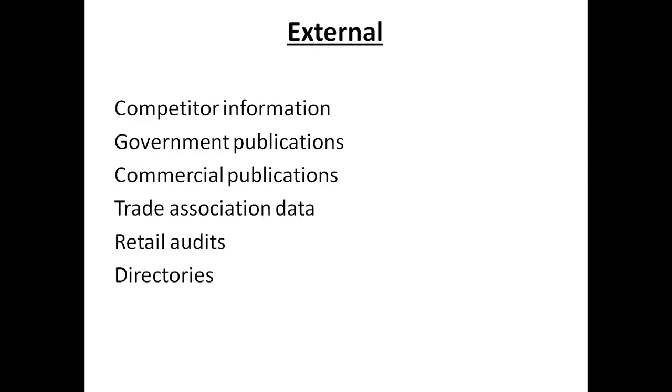Competitor information. Every organization is always keen to know what competitors are doing, what their strategies are, how they are pursuing the customers, how they are increasing their market share, how they are competing in the market.